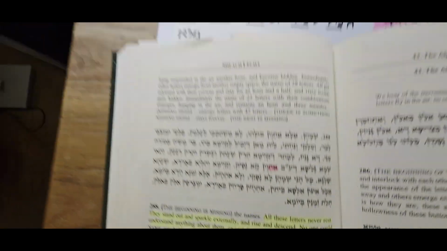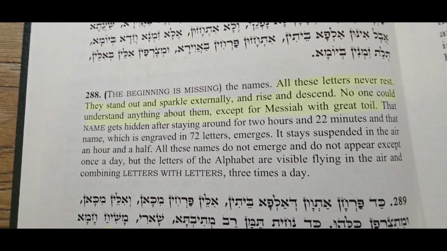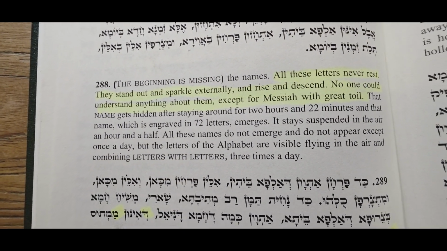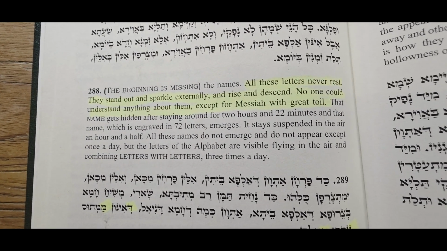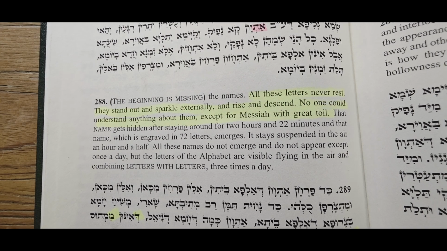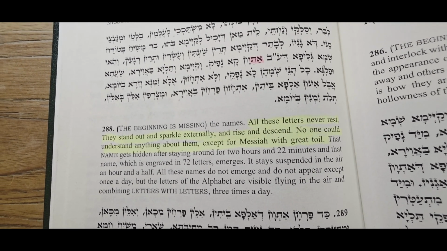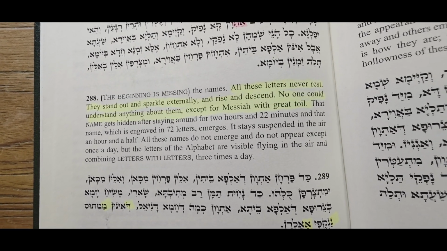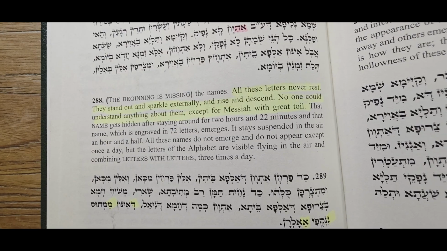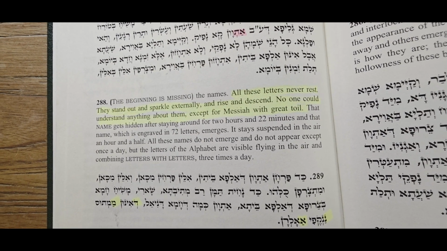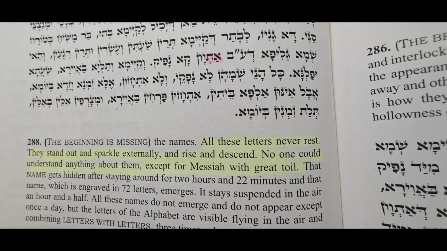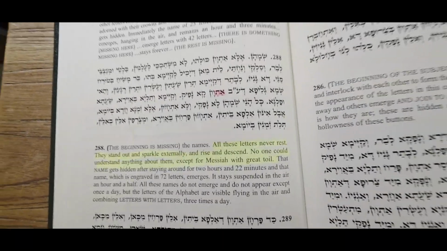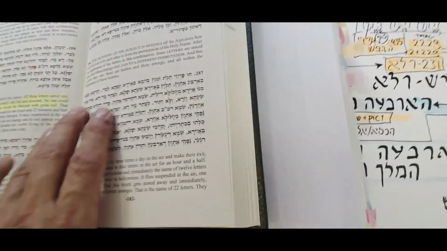Aleph Tav. And that name, which is engraved in 72 letters, emerges. It stays suspended in the air an hour and a half. All these names do not emerge and do not appear except once a day, but the letters of the alphabet are visibly flying in the air and combining 3 times a day. So no one could understand anything about them except for Messiah with great toil.